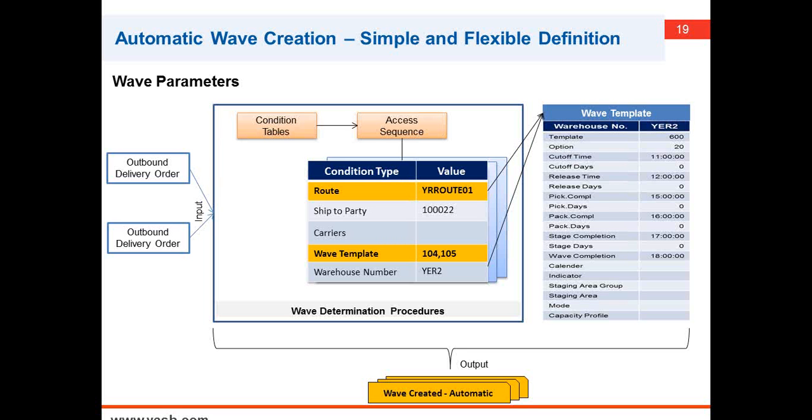So if I have a template that says, here's my cutoff, here's when I release it to the warehouse, and here's where I want to start tracking the warehouse processes and how we're doing on our wave picking. So very flexible, and it's going to optimize the warehouse so we can get those orders on the forklift, or whether they're hand-picked, to the staging door to get it to our customer on time. Next slide, please.